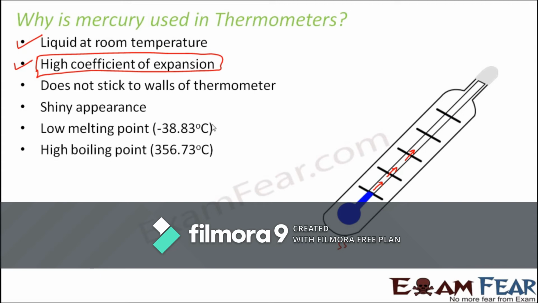So the chances of mercury getting melted or boiled are very small. If an object has a very low boiling point, then maybe even at room temperature, or as soon as you expose it to some hot substances, it might start boiling. So all those risks are not there. Mercury will start melting only at a very low temperature, and it will start boiling only at a very high temperature. So that is also advantageous for mercury to be used in thermometers.